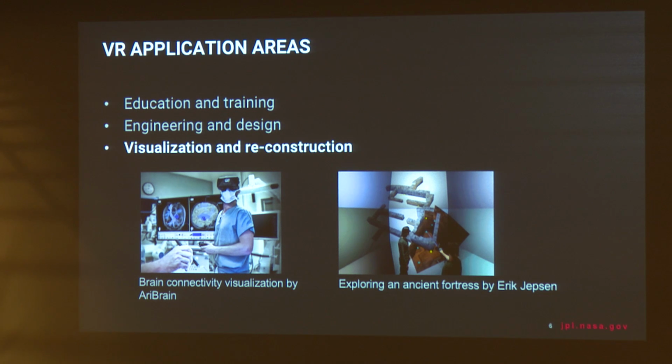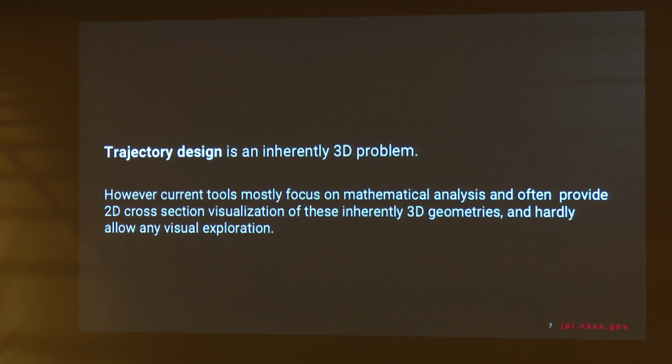In all these applications, the common theme is to teleport the viewer to an inaccessible remote place, so it's inside the jet engine or the Mars surface, and let the user explore this space with as intuitive interaction metaphors as possible. Trajectory design is an inherently 3D problem.